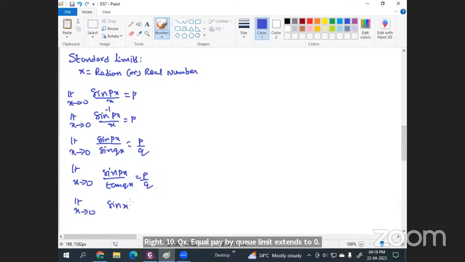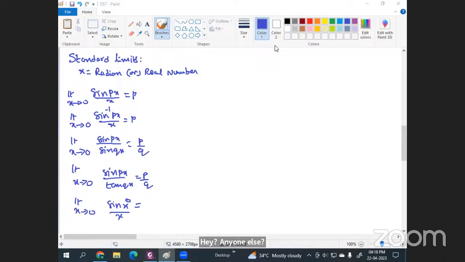Limit x tends to 0, sin x degree by x. If I ask the question, what is your answer? Can you guess, any one of you? Anybody else? Sneha says 1. Anybody else?